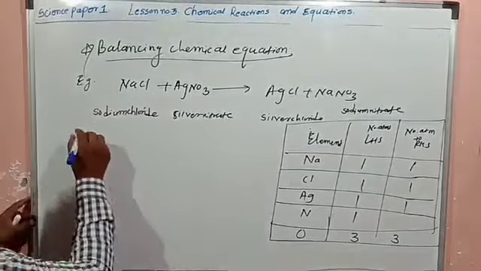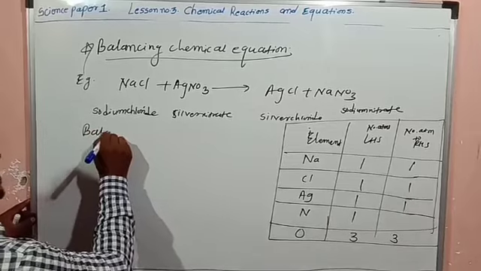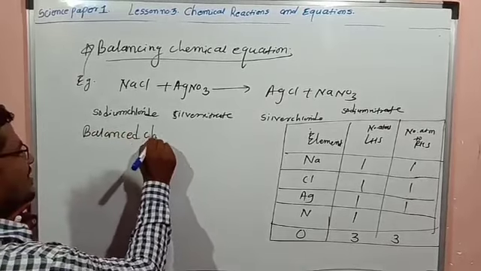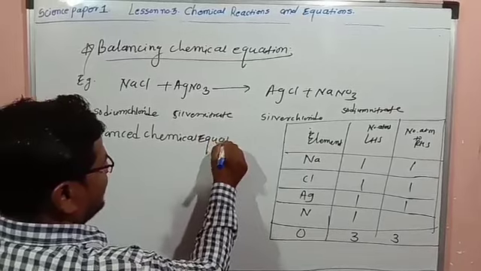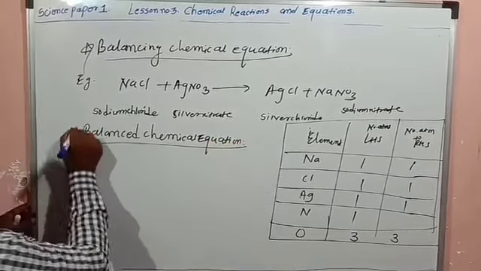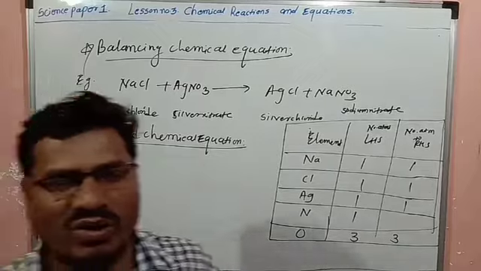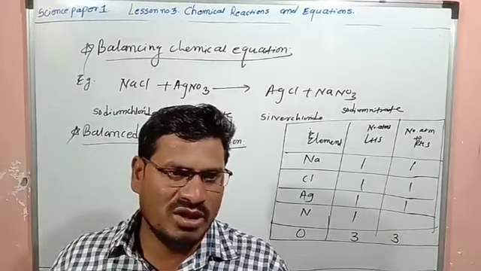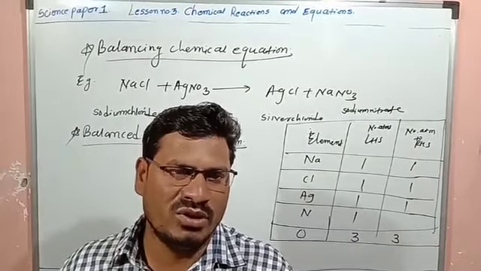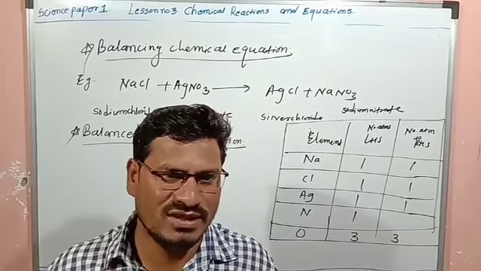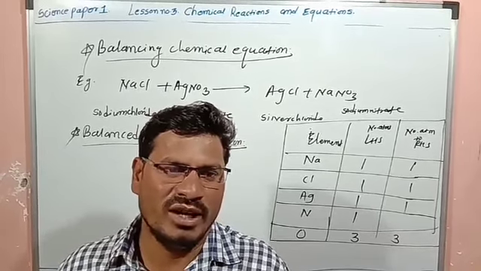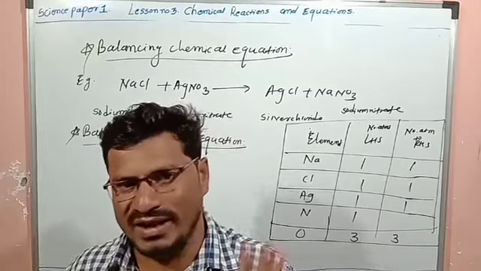So next term is balanced chemical equation. What do you mean by balanced chemical equation? The chemical equation in which number of atoms of each element to the LHS are equal to the number of atoms of each element to the RHS.